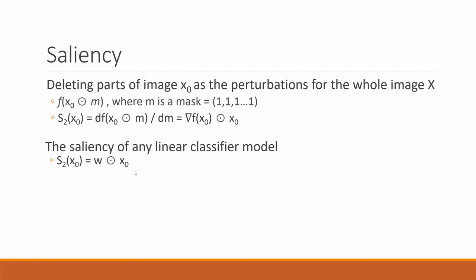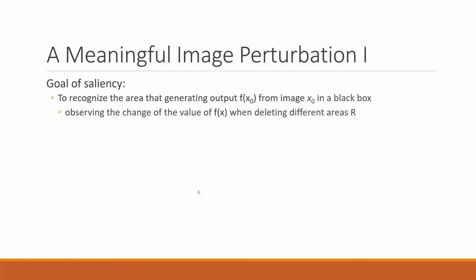For a linear classifier f, the saliency is the weight dot product the deleted part of image x0. For a large resolution image, the saliency is large, and the problem will be solved in the next section.